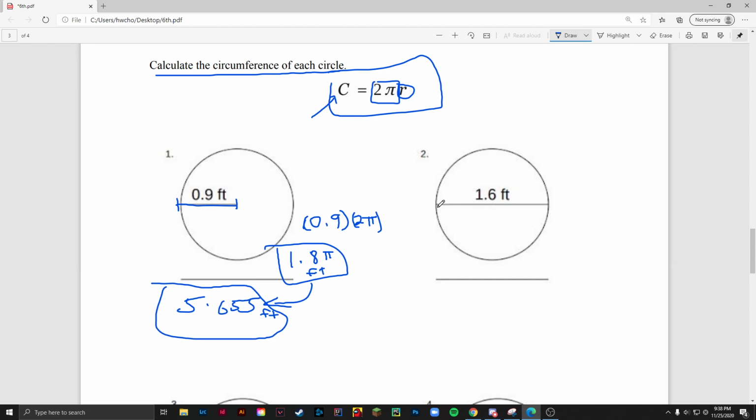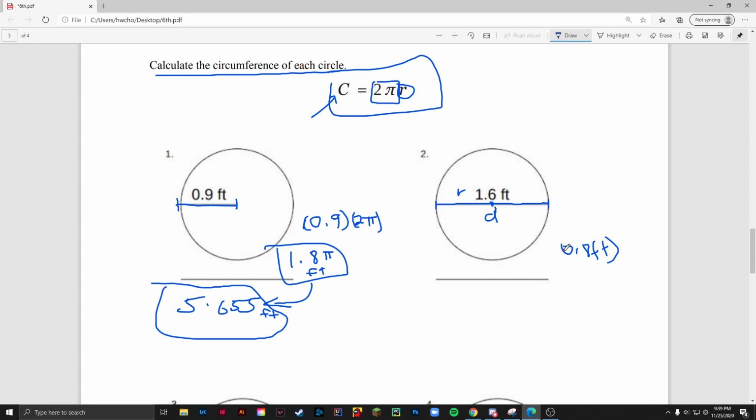Number 2. This one's a little different. You have the entire line right here. This is called the diameter. And how do we get the radius from the diameter? Well, we just have to divide the diameter by 2, right? Half of the diameter is the radius, and the half of that is 0.8 feet.